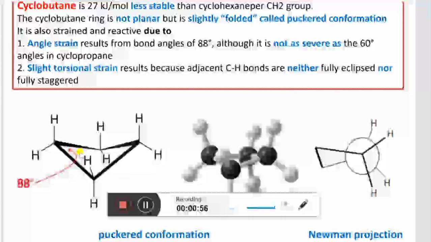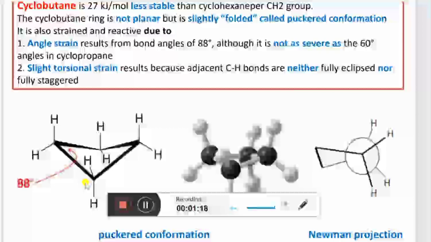It is this one. In most of the books you can see that the angle is 90 degrees, but in some books there's an angle of 88. Every carbon of the cyclobutane is sp3 hybridized.